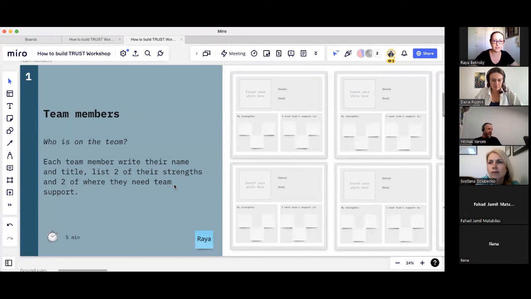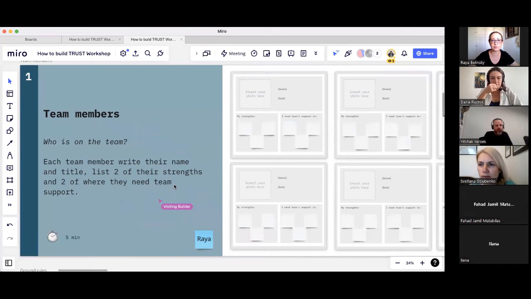Why are we creating this? Because this way we can really support each other, know each other better, and also add or remove team members to create more effective teams.